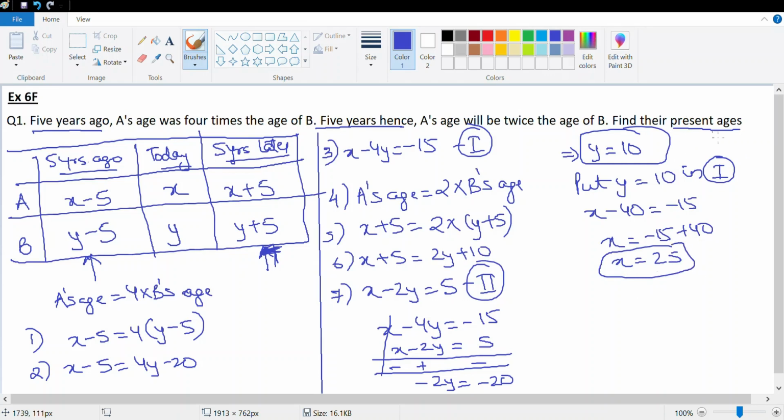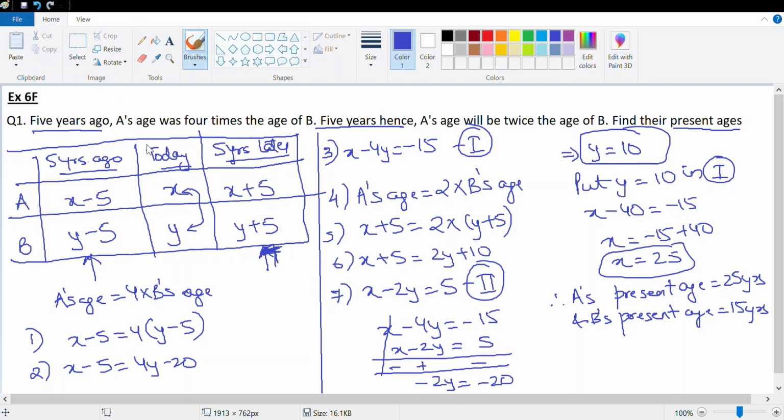Find their present ages, which means we need to calculate X and Y. Therefore, A's present age is equal to 25 years and B's present age is equal to 10 years. I hope you got the basic logic and the way I prefer to solve these questions. Let's look at another one.